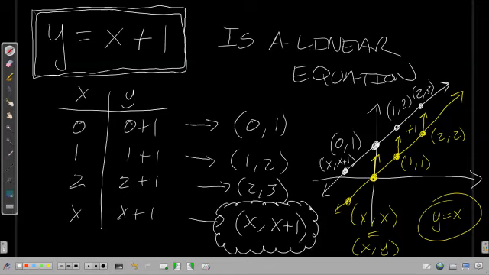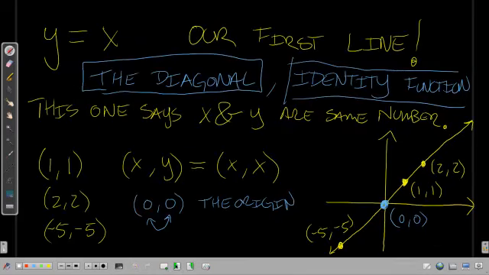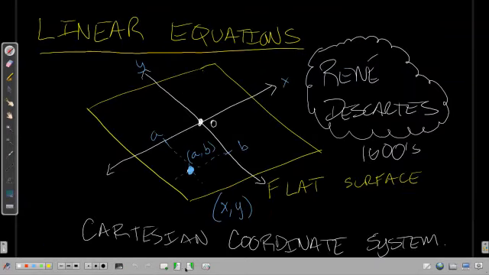A little bit. I'm just trying to understand the y equals x part. Like, I'm trying to figure out where exactly you got that from. Sure. We got it from back here, right? Oh, I got you. Okay. We started with our first line, the diagonal, and we said this equation is going to describe a line, because now we have the Cartesian coordinate system where all of the ordered pairs look like the x coordinate and then the y coordinate.